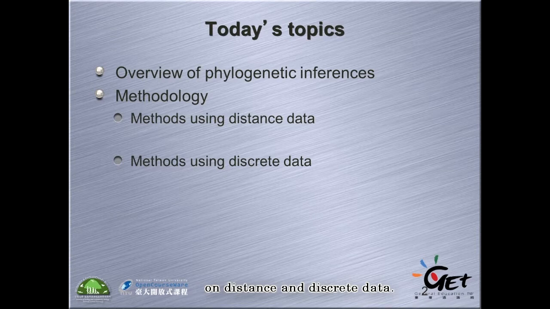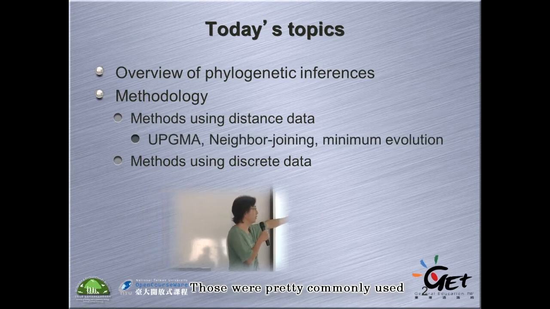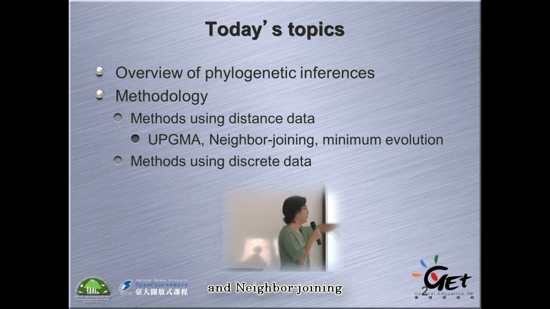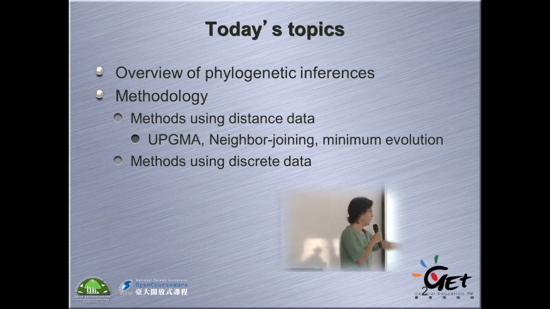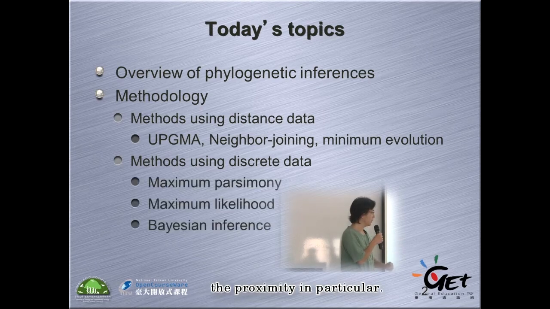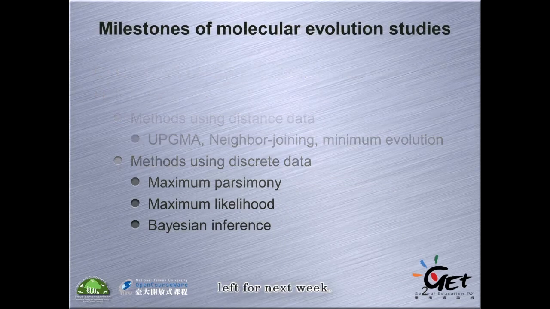For the distance data, methods including UPGMA, neighbor joining, and minimum evolution were pretty commonly used before, and neighbor joining is most commonly used nowadays for the distance method. And today I'm going to talk about the parsimony in particular. The other two will be left for next week.